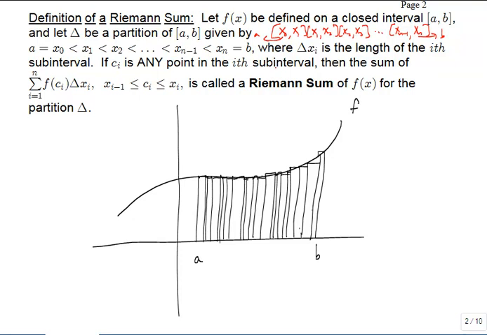So not only left endpoints or right endpoints, you can pick any x value you want as long as it lies inside of that subinterval. Then a Riemann sum is the sum from 1 to n of f of c sub i times delta x sub i, where this c sub i is within that ith subinterval. And this is called a Riemann sum of the function f for the partition delta.